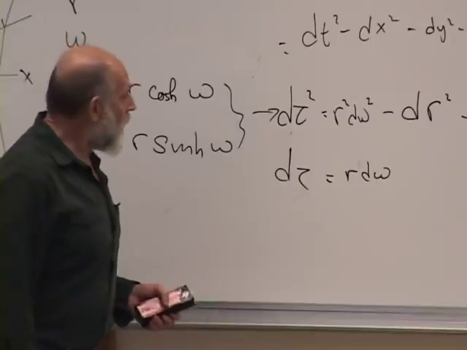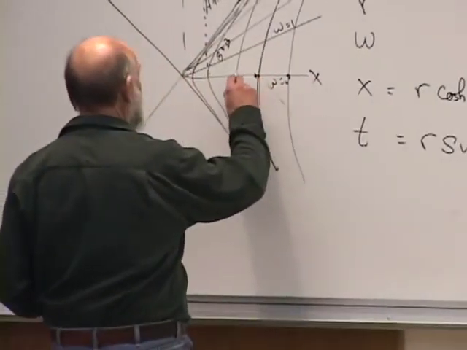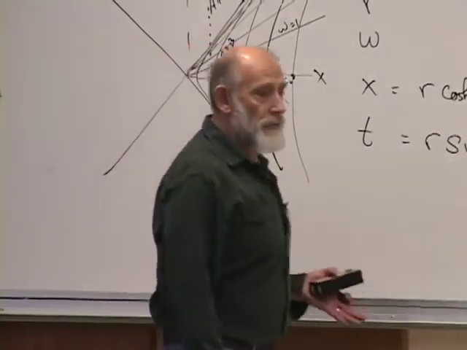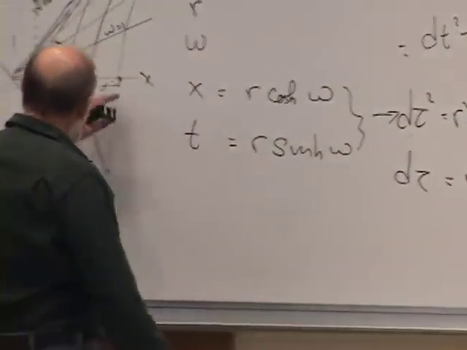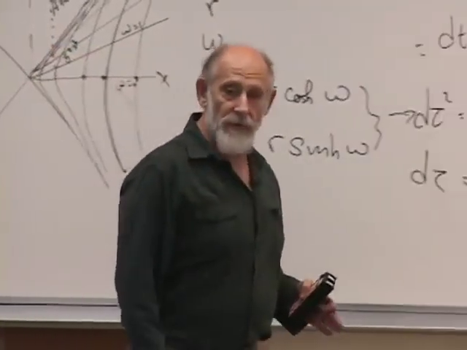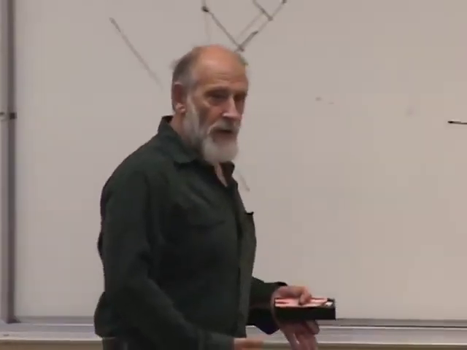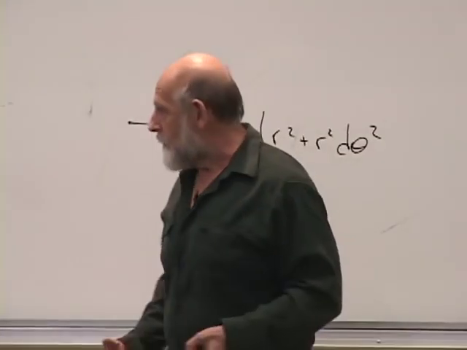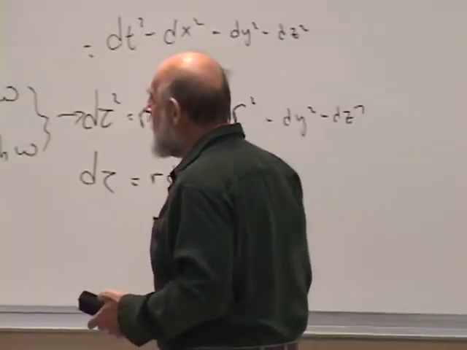Okay? So if you had exactly the same kind of clock over here as over here, namely clocks which tick off proper time, they would not be ticking off omega. If you want clocks which tick off omega, then those clocks have to have different rates of reading off proper time. But that's just a question of coordinates.